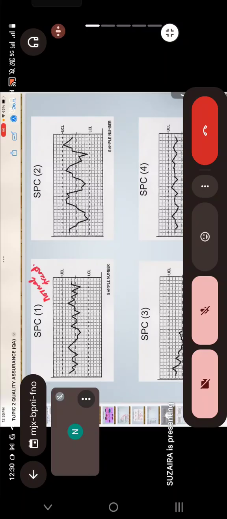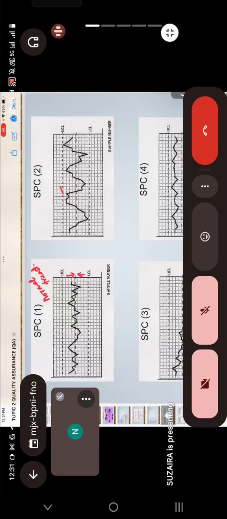Because the data is plotted in between the UCL and LCL, and it's nearly towards the center line. Any data that is near the center line when we develop a graph is considered a good process.